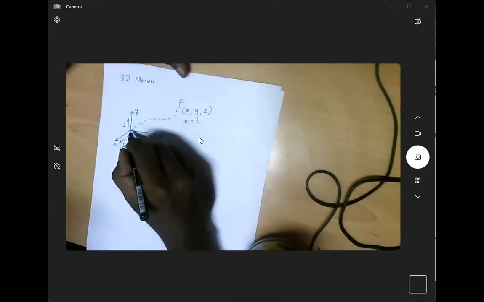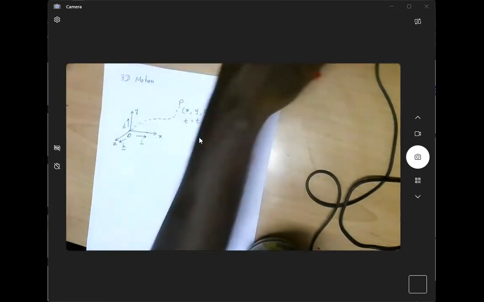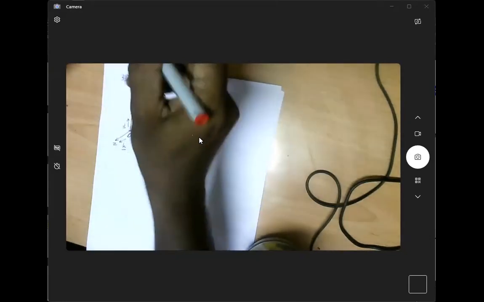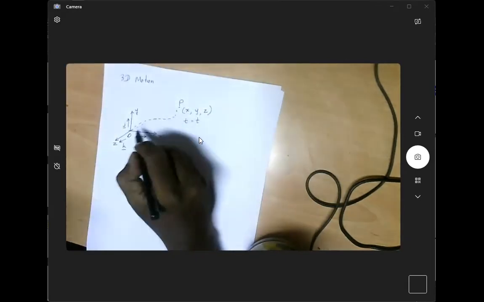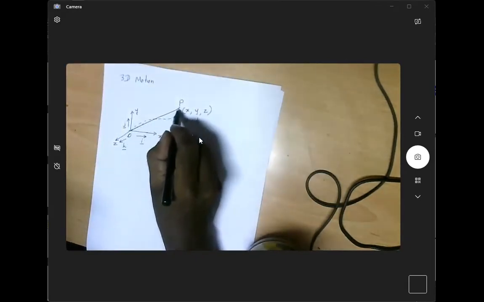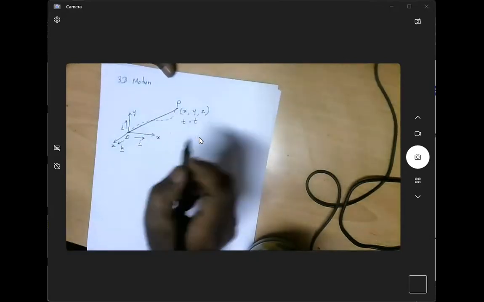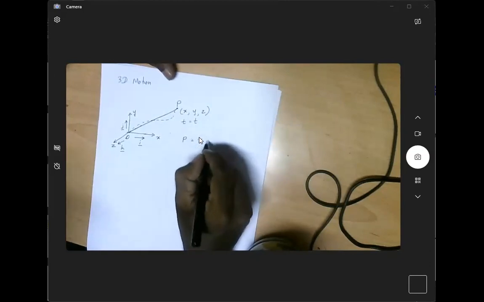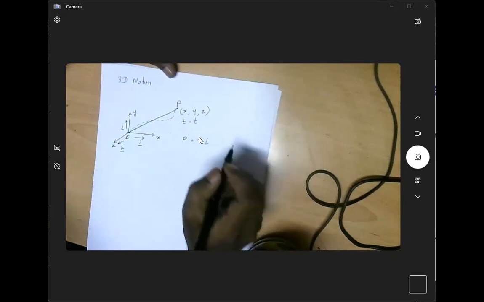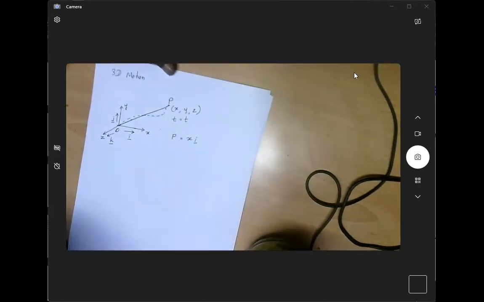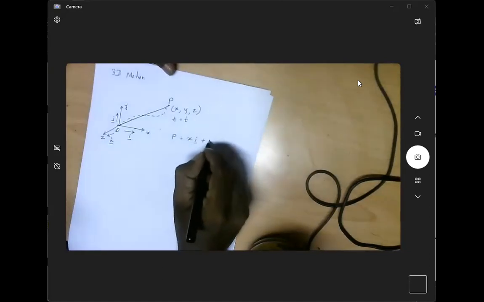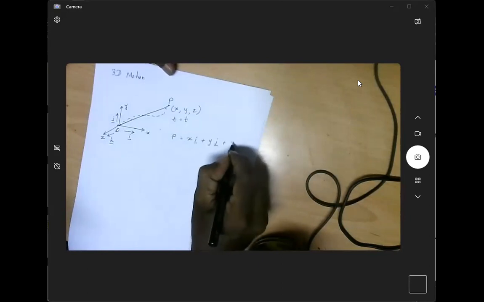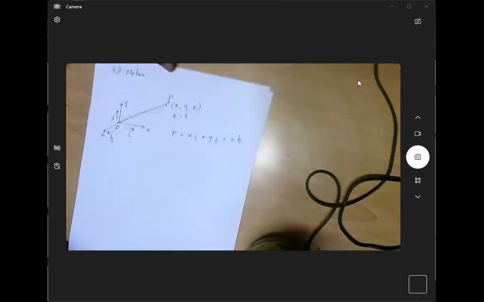Now, you can define the position of point P, right, as x along the i direction plus y along the j direction and z along the k direction.